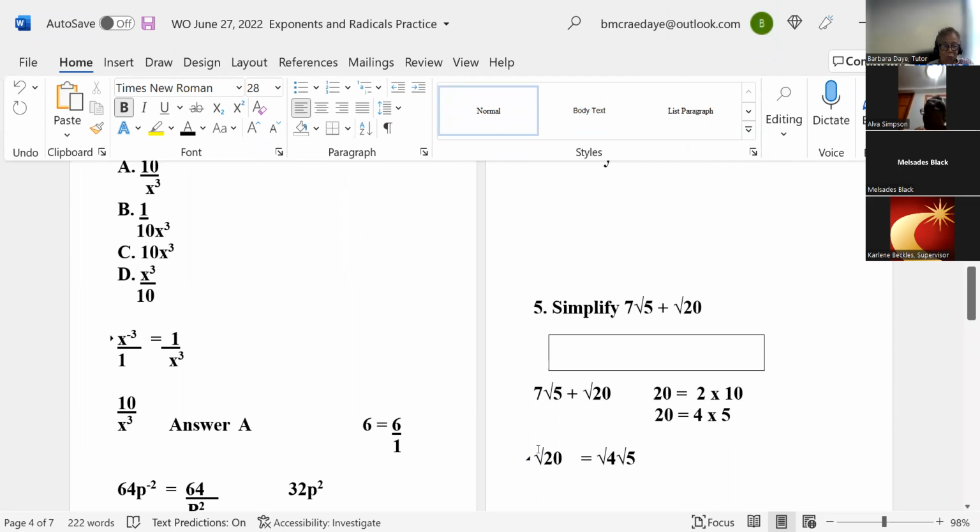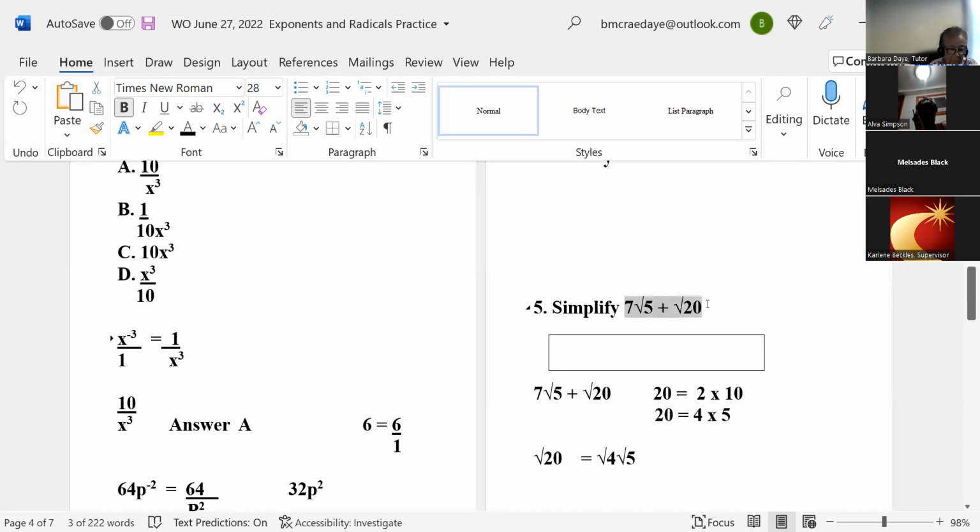Square root of 20 factors into square root of 4 and square root of 5. Remember, your radicals factor just like numbers factor. You're just breaking it up into 2 pieces, and you try to have one that's a perfect square root. Got it? Yes, ma'am.